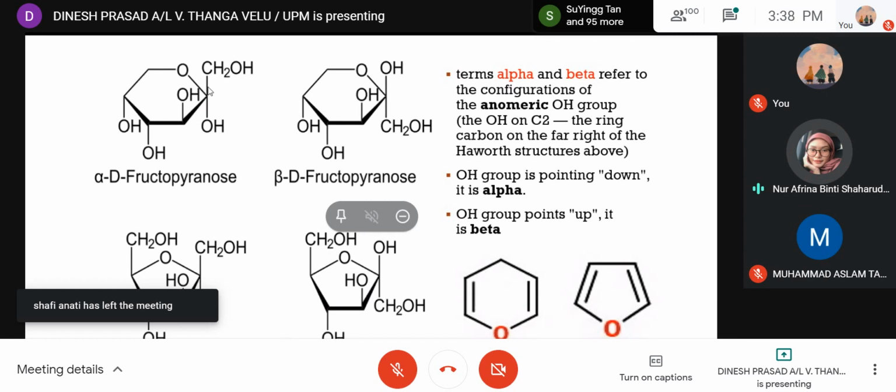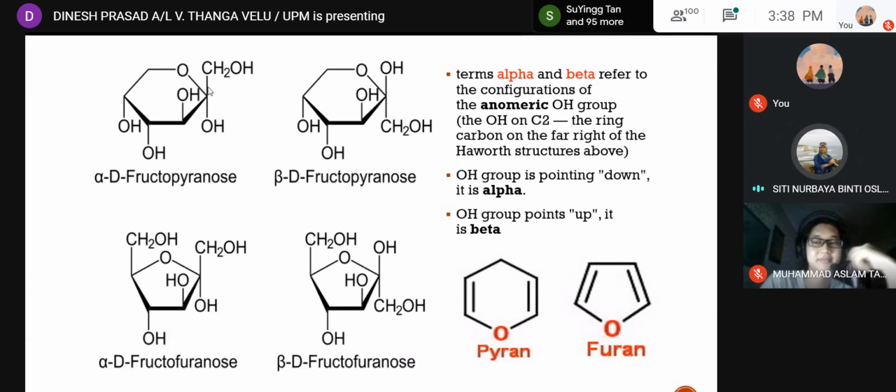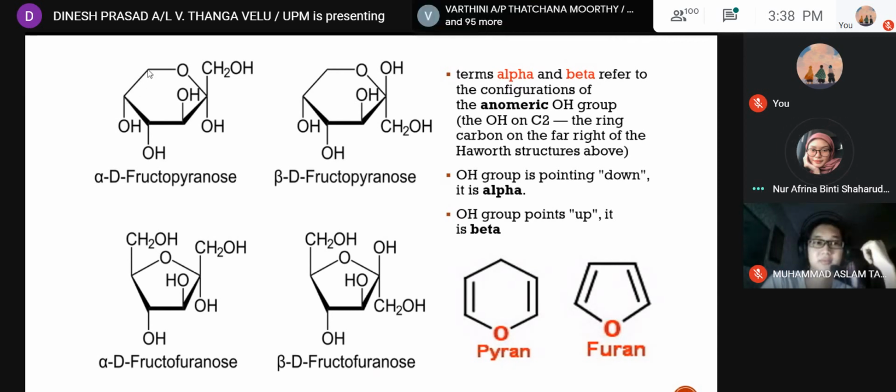You want to know the number of carbon or the OH group? No, I want to know where is carbon number 1, number 2. Okay, carbon number 1 is at CH2 attached to OH, and then attached to carbon number 2, 3, 4, 5, and then carbon number 6. Okay, thank you, K1G1.